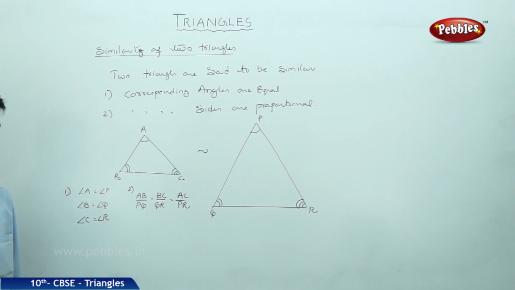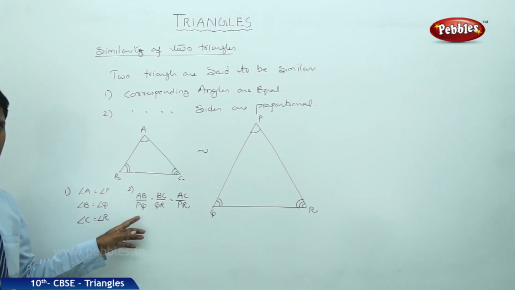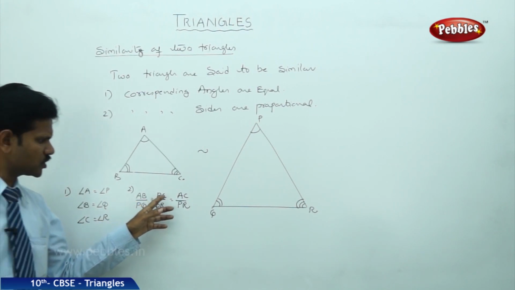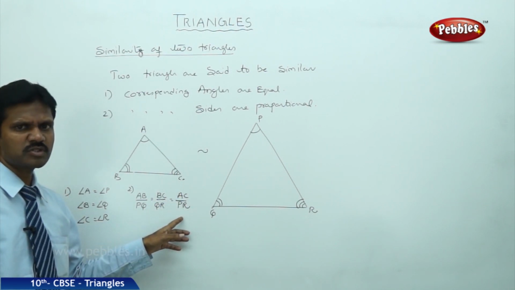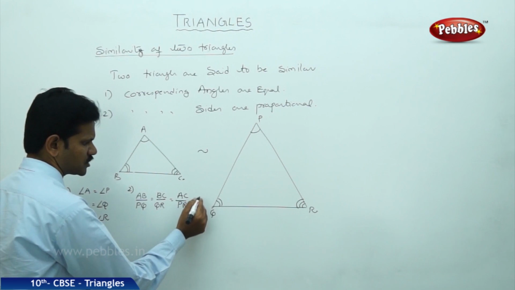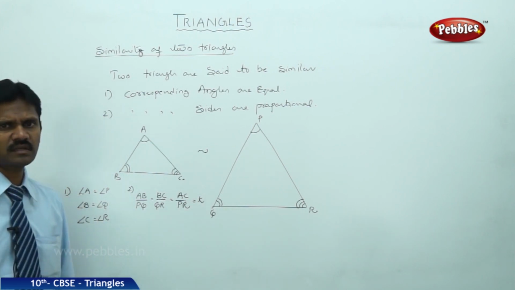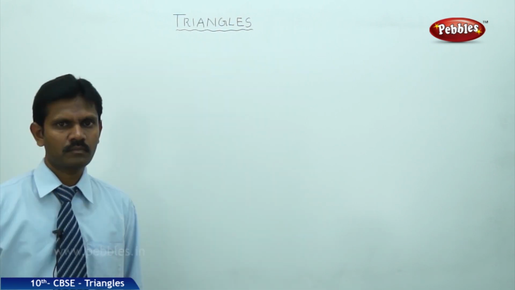That is, the ratio of AB by PQ and the ratio of BC by QR and the ratio of AC by PR must be some constant that is equal, which is called proportional.